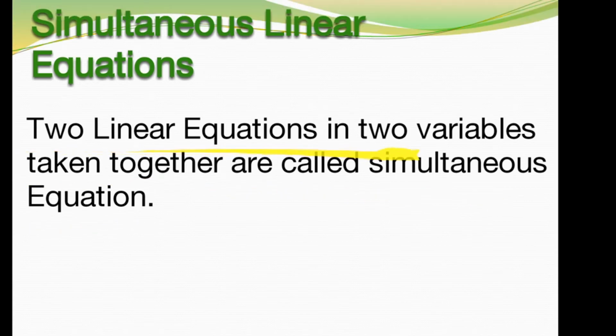That means if we are given two linear equations, and we know what a linear equation is, and both contain two variables, taken together, that is, in one example we are given two linear equations, it is called simultaneous linear equations. A combination of two equations, or we can say a family of those two equations, is called simultaneous equations.